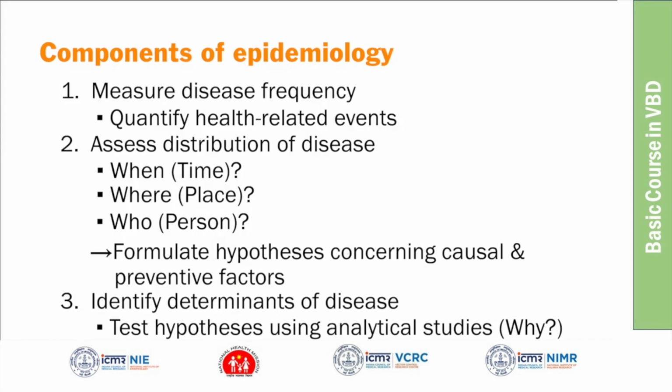Therefore, the components of epidemiology include measuring how much the problem is, how big the problem is, and also checking who is affected, where they are more affected, and at what point in time they are mostly affected, and whether any clues can be drawn about these three characteristics in terms of time, place, and person.